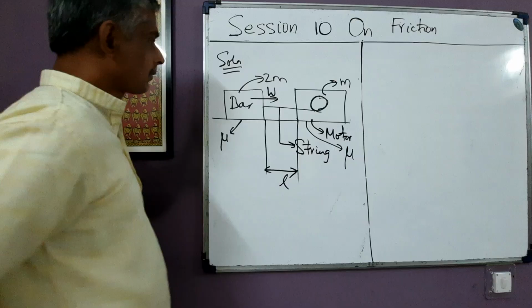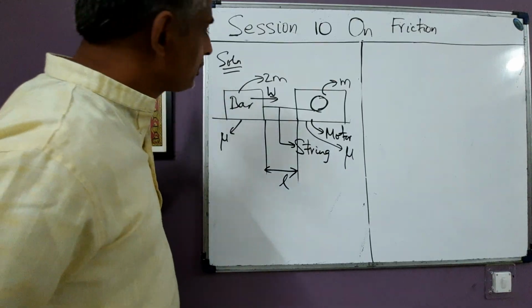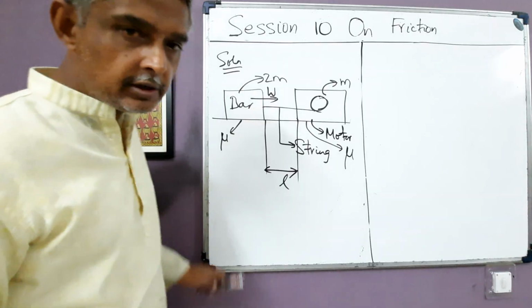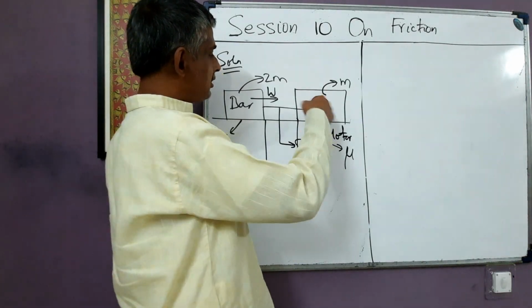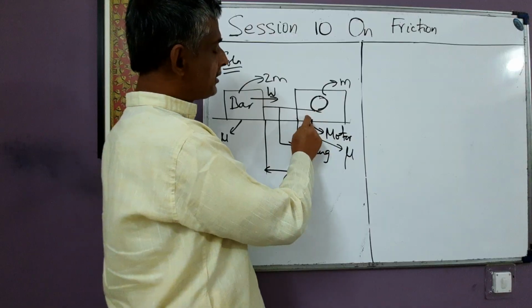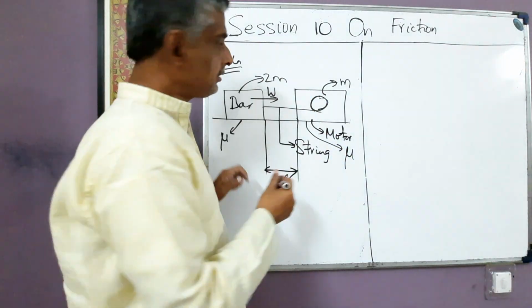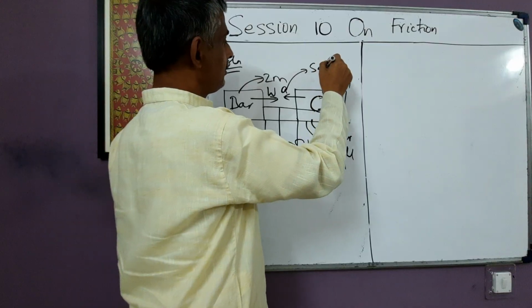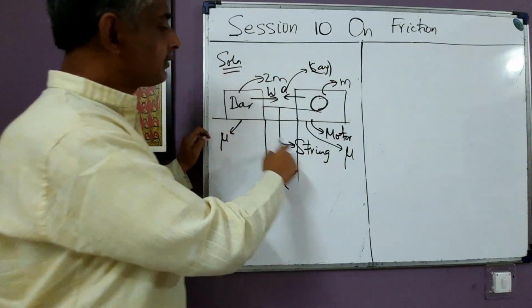Now one point should be noted down very clearly. As the shaft rotates, the block containing the motor and the battery will also move with some acceleration, say a. It is not that only the bar will move and the motor will not.